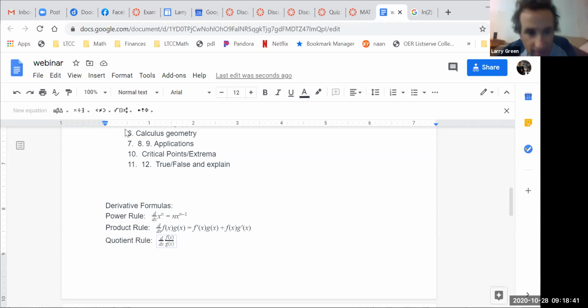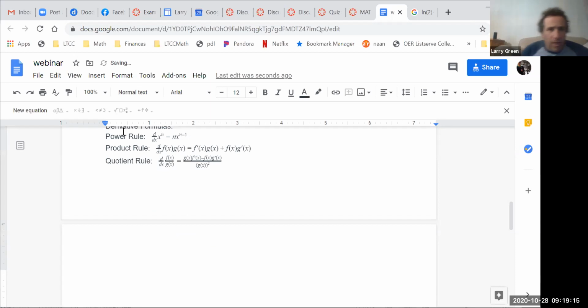So that means it's equal to low, which is g of x, times d high, which is f prime of x, then minus, and then high, which is f of x, times d low, that's g prime of x. Square the bottom means g squared, or g of x squared. And away you go. And that's the quotient rule. Any questions so far?